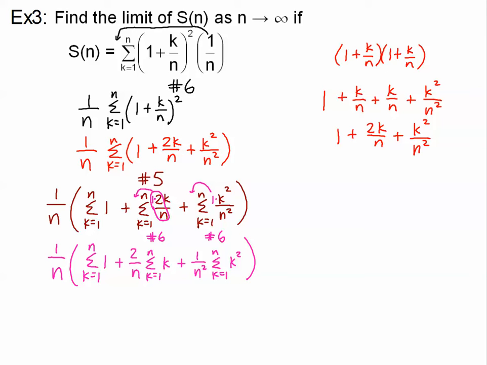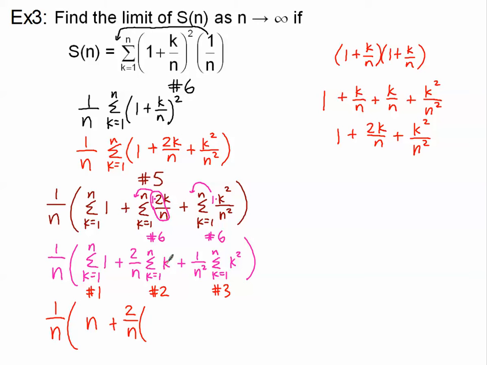Okay, now it's time to substitute. This is formula number 1. This is formula number 2. This is formula number 3. Let's see what we've got. We've got this 1 over n. Formula number 1 says just the constant times n, so that's 1 times n. I'll just put n. I do have this 2 over n.